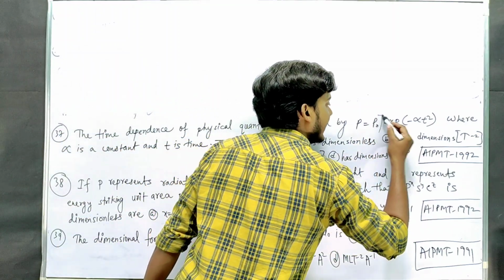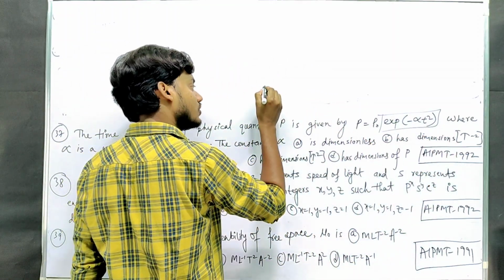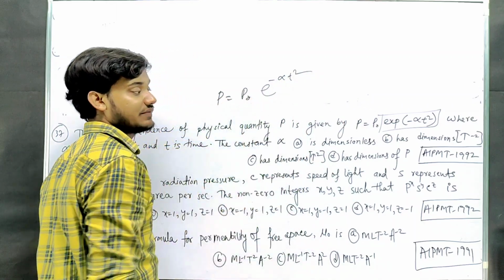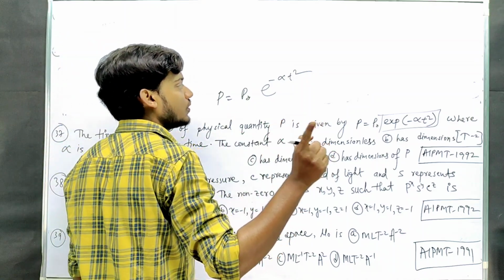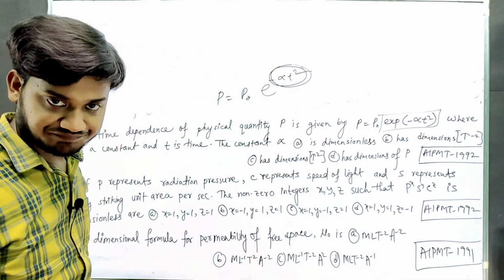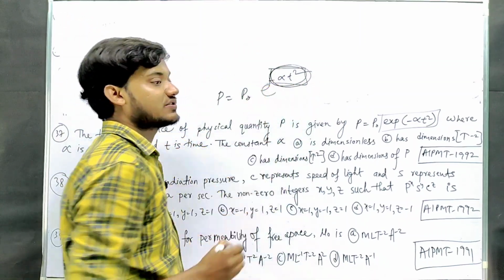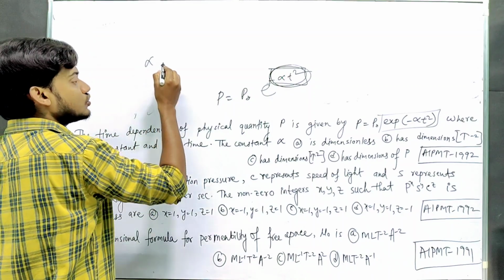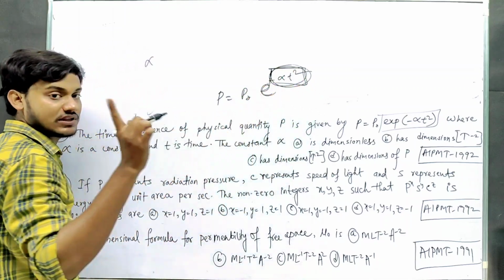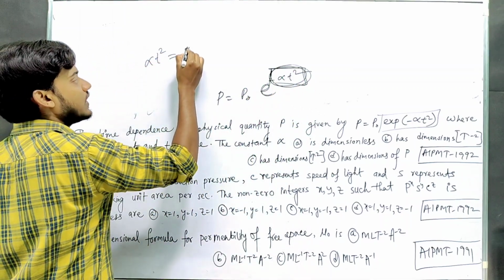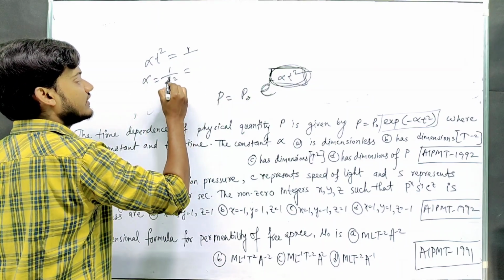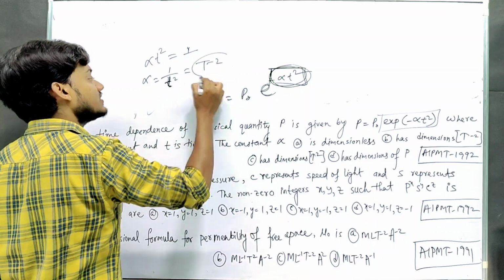One thing to remember: EXP means exponential, which in short form we write as e to the power. So we can write P equals P naught e to the power minus alpha T square. Same. So remember that whatever is in the power of e is completely dimensionless, meaning its dimension is 1. So we can write alpha T square is 1, dimensionless. So alpha is 1 by T square. The dimension of time is capital T. So the dimension is T inverse 2.